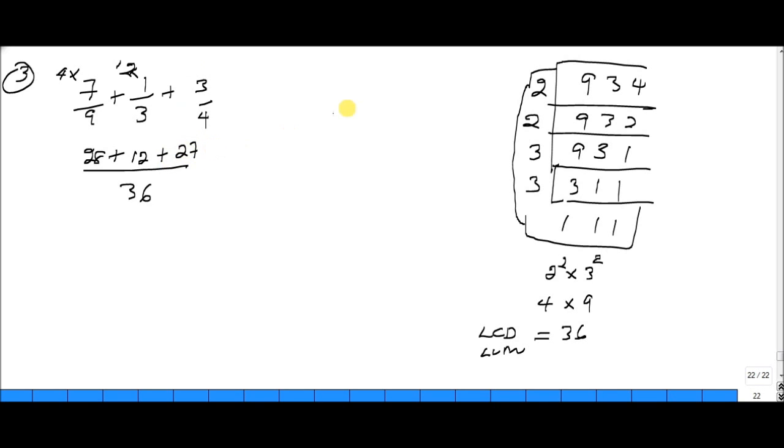So 28 plus 12 plus 27, 8 and 2 will be 10, and 7 is 17, carry 1, and we have 1 and 2 make 3, and 1 is 4, and 2 is 6. So we have 67 over 36, but it does not end there.